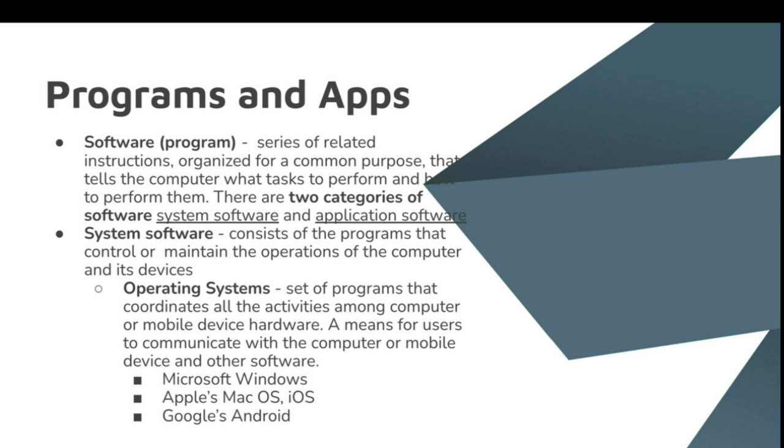So operating systems, those are system software. That's a set of programs that coordinates all the activities among the computer or mobile device hardware. It's a means for users to communicate with the computer or mobile device and other software.